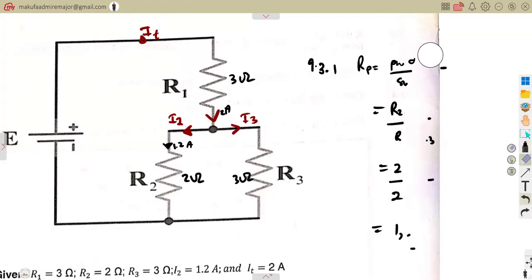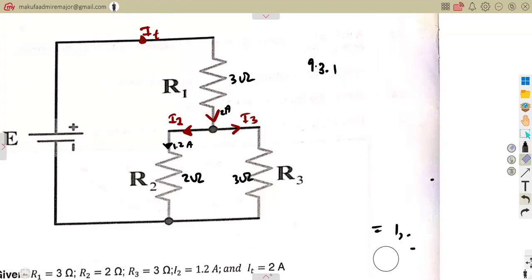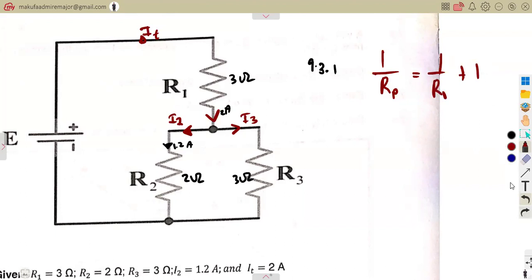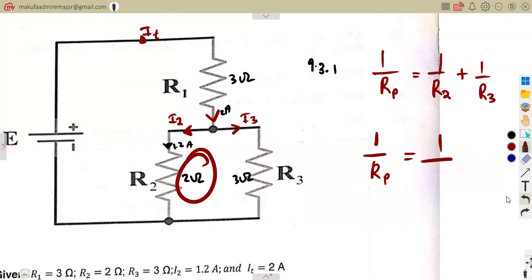Or remember that in a parallel combination, the total resistance can be taken from the formula 1 over Rp is equal to 1 over R1 plus 1 over R2 and so on. But in this case, we are considering R2 and R3, so it's going to be 1 over R2 plus 1 over R3. So 1 over Rp is equal to 1 over R2, which is 2, plus 1 over R3, which is 3.